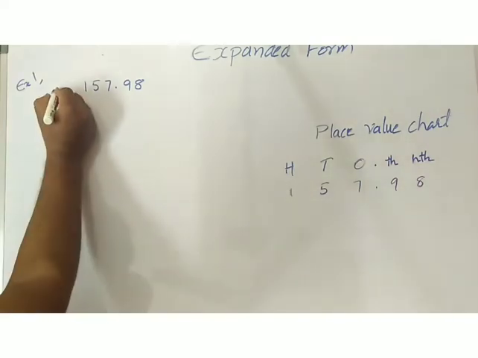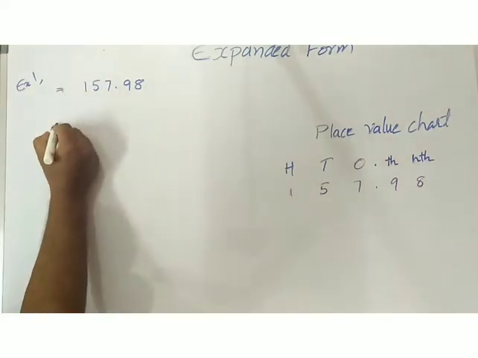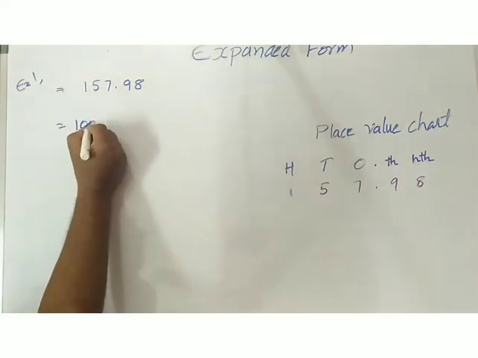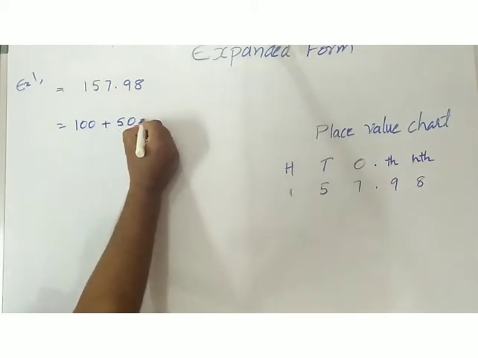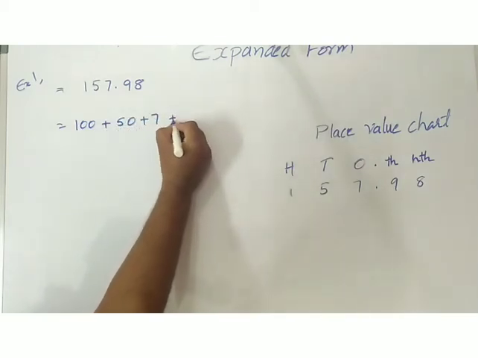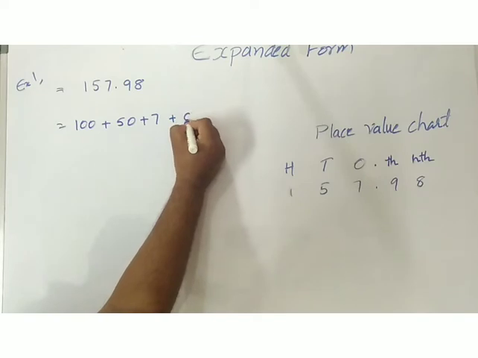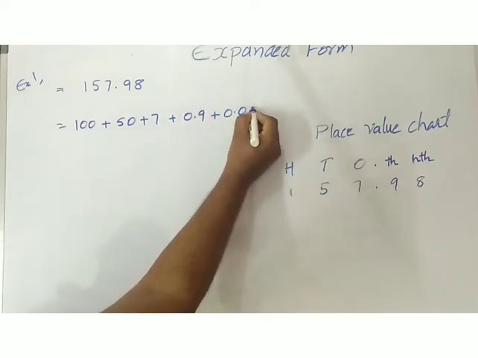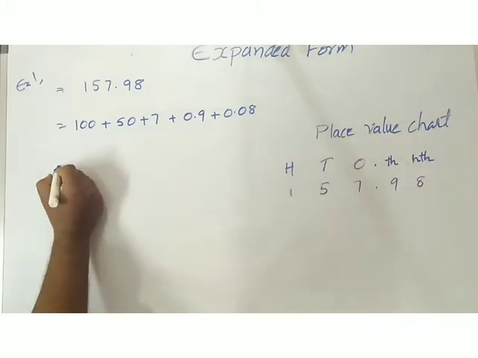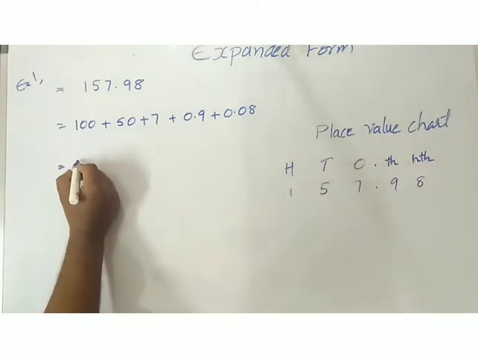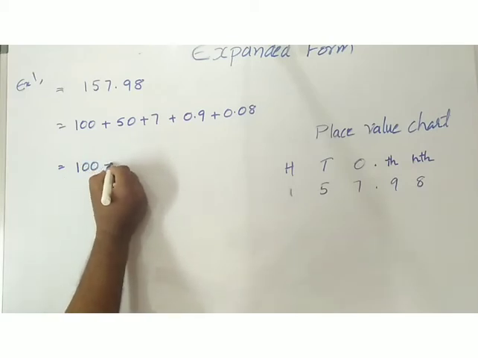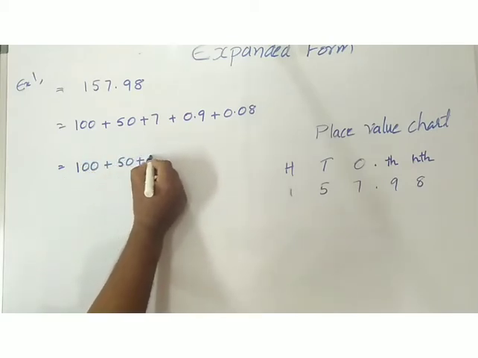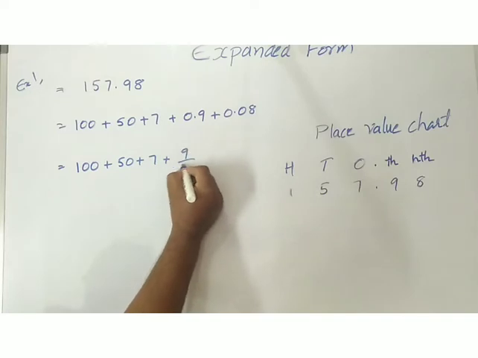So first, 100 plus 50 plus 7 plus 0.9 plus 0.08. We can write this as 100 plus 50 plus 7 plus 9 by 10.